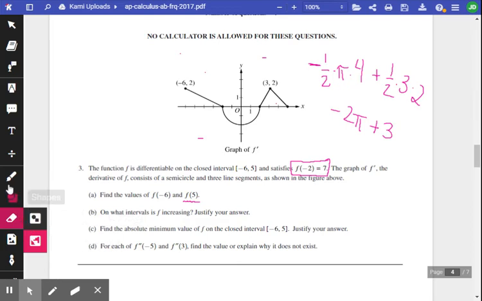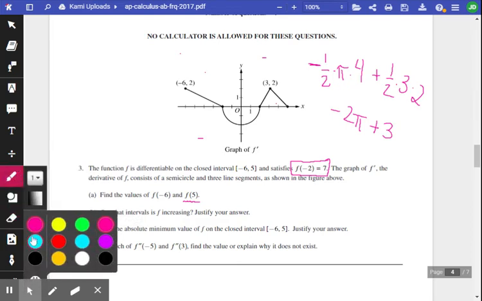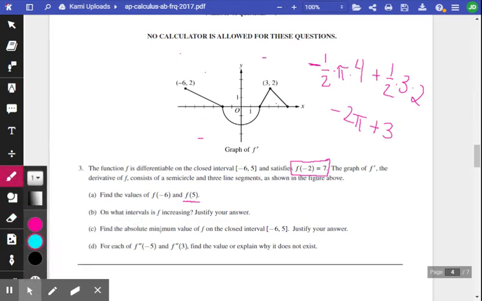Okay, part C, find the absolute min. Find the absolute minimum value of f on the closed interval from negative 6 to 5. Okay, so we're going to have to think about the endpoints here and the critical values. So first of all, f has an absolute min when f prime changes from negative to positive. So are there any places on this graph where f prime changes from negative to positive?